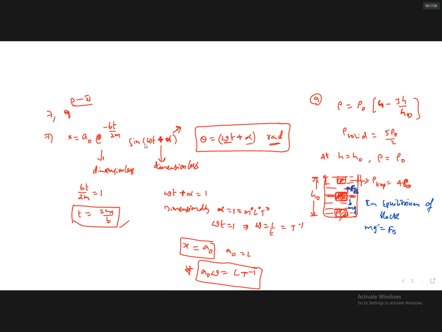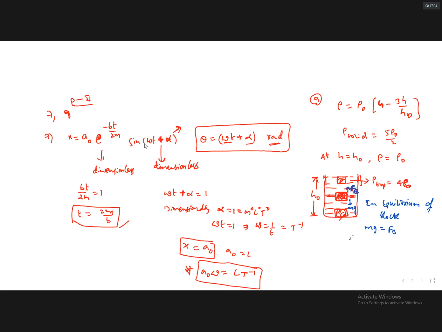The mass of the block can be written as volume into density. Here the given mass of the block is m, and the buoyancy force.